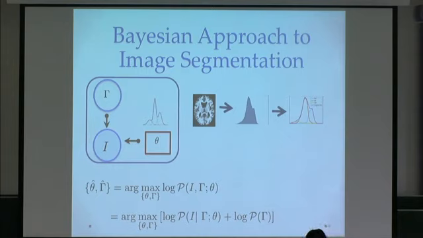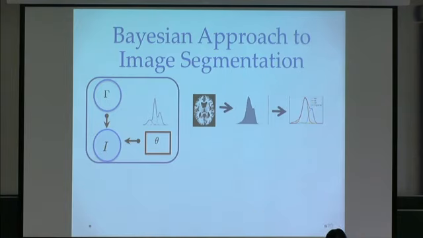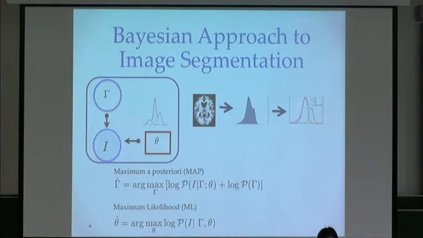So in that case, if we want to classify an image into several regions, I would assume that each is modeled by a normal distribution with parameters that are unknown and we wish to find throughout the segmentation process. So our problem can be boiled down into solving a maximum a posteriori problem to find the segmentation, and a maximum likelihood in order to find the model parameters. And we can do it by an alternating minimization or maximization approach using, for example, EM.